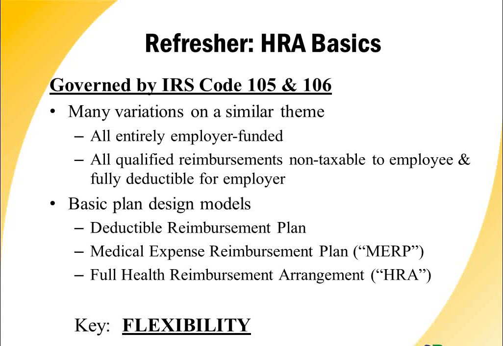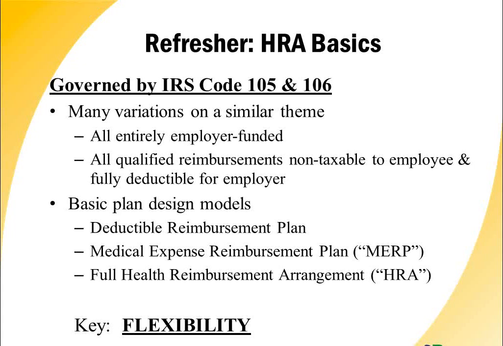There are three basic plan design models, and Jamie's going to get into these more as we go on. First, the deductible reimbursement plan, which is by far the most common, which typically reimburses deductible or co-insurance expenses that are linked to a group medical plan. There's also a medical expense reimbursement plan, which typically just reimburses one type of expense, be it dental expenses or vision expenses.